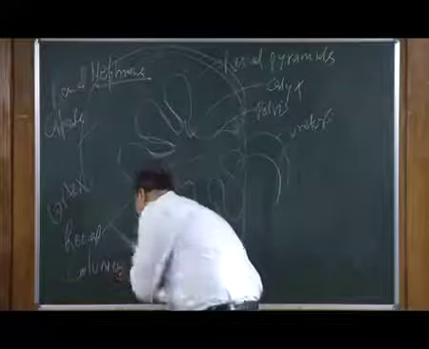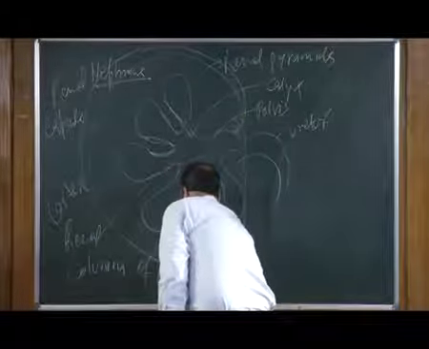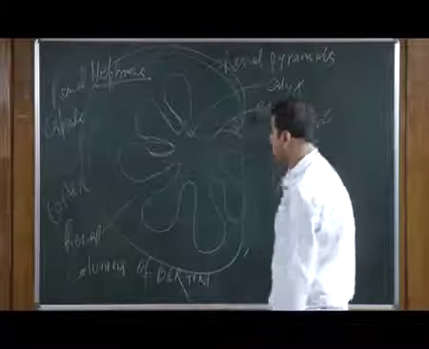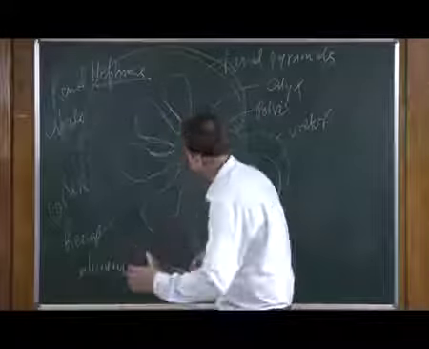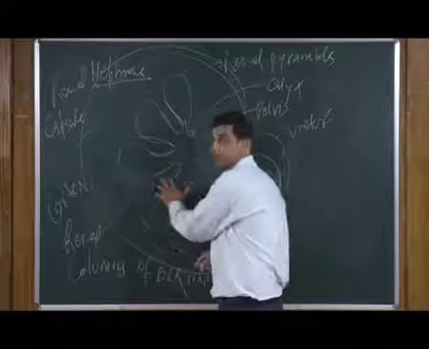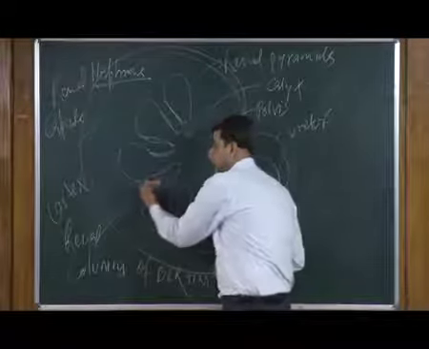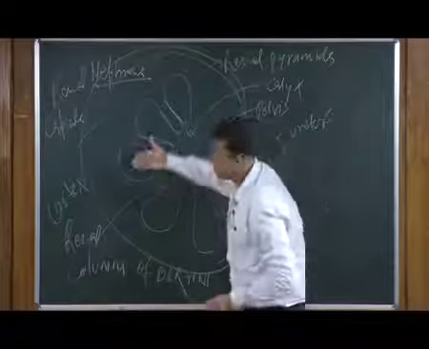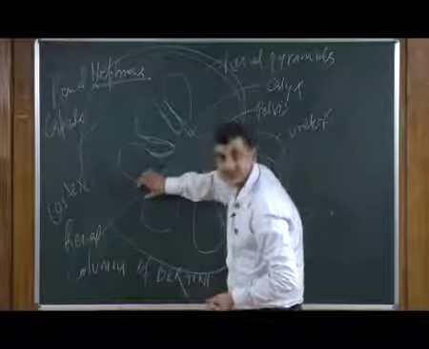The columns of Bertini are the extension of the cortical part into the medullary region, or simply the space in between two renal pyramids gives an area like a column.